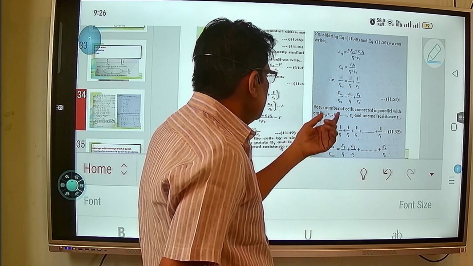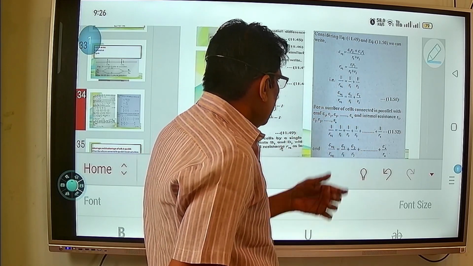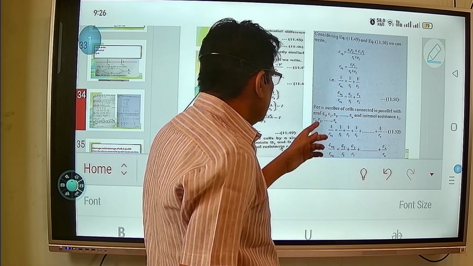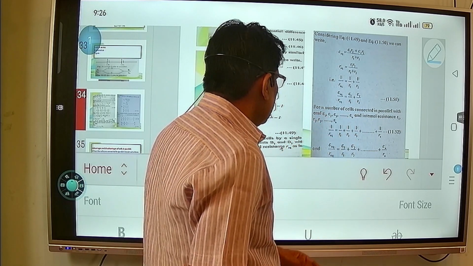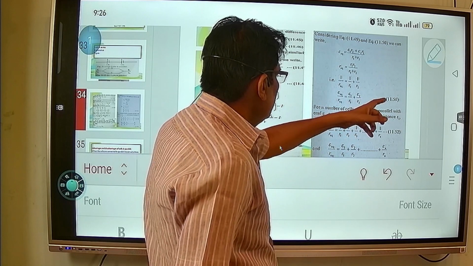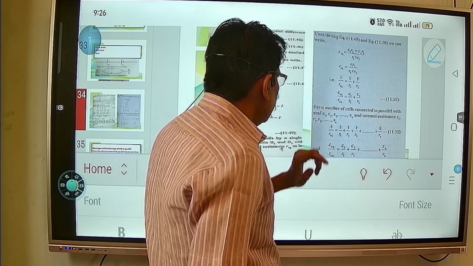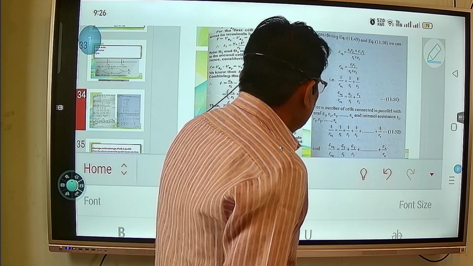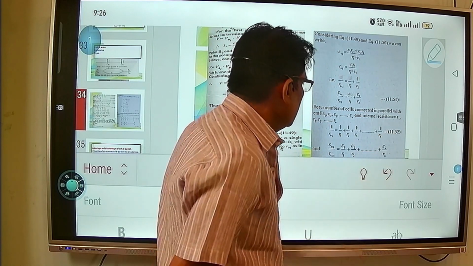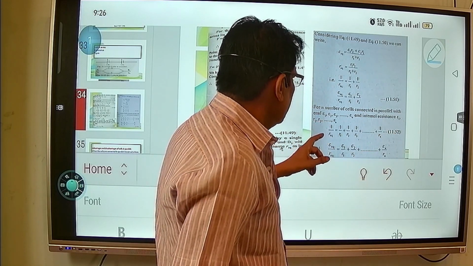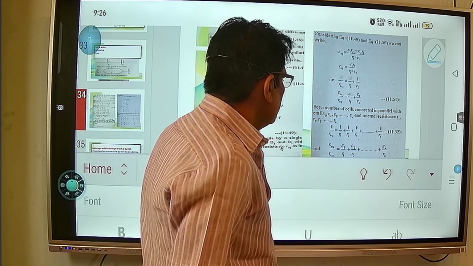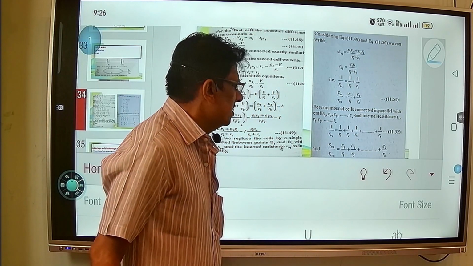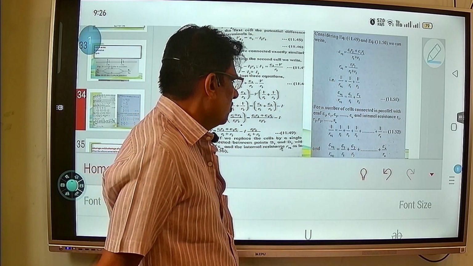If I take n cells, there will be n resistances, R1 to Rn, and EMFs from E1 to En. Therefore, equation 11.51 will look like this, and we have written in equation 11.52 that 1 upon R equivalent is equal to 1 upon R1 plus 1 upon R2 plus 1 upon R3 up to 1 upon Rn.